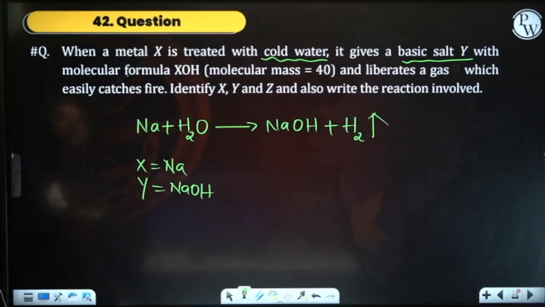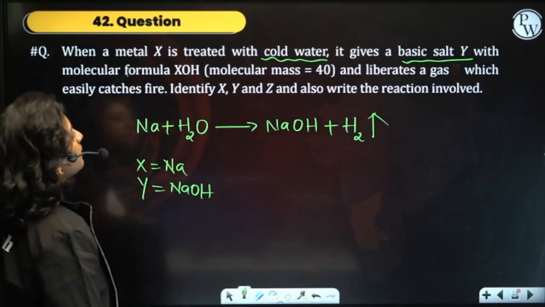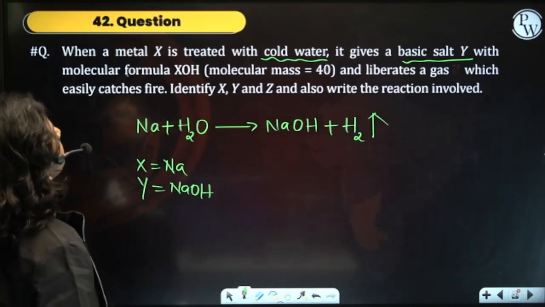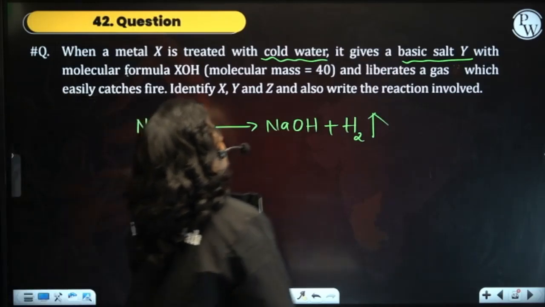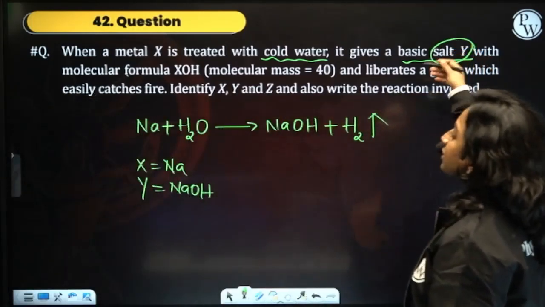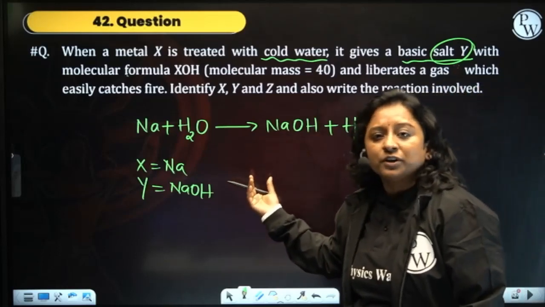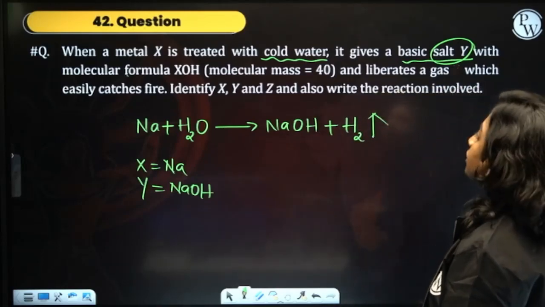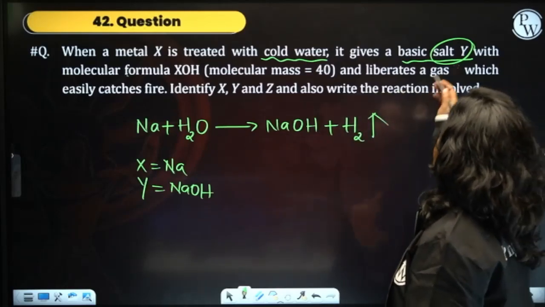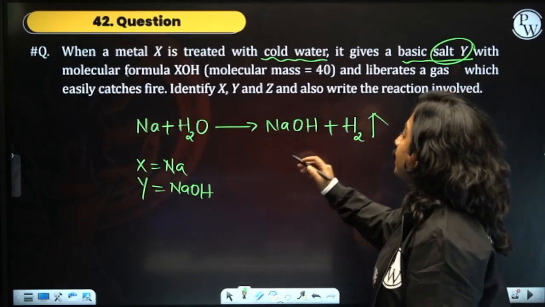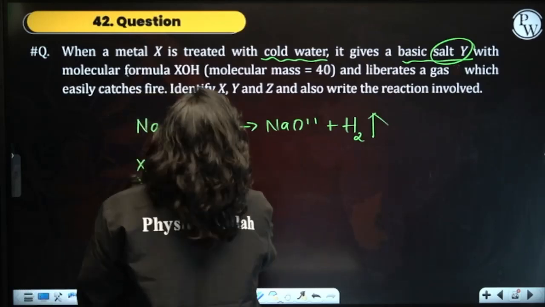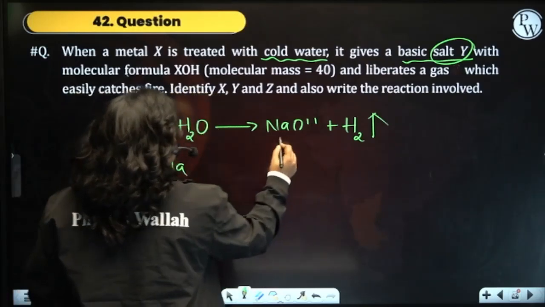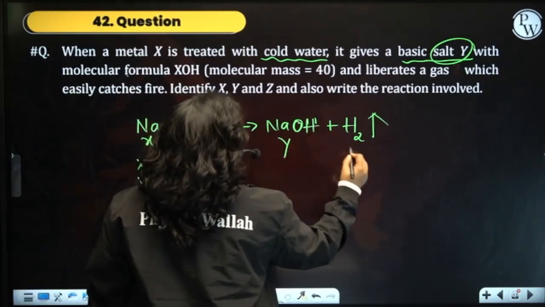They say basic salt, but sodium hydroxide is a basic compound, students, it's not a salt. The gas that easily catches fire is Z, hydrogen. This is X, this is Y, and this is Z.